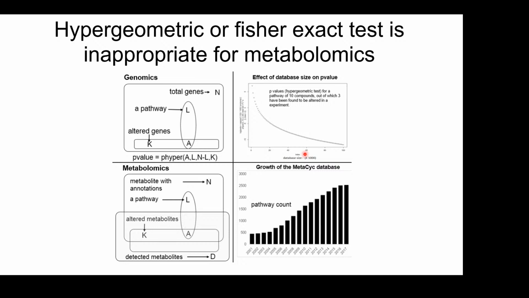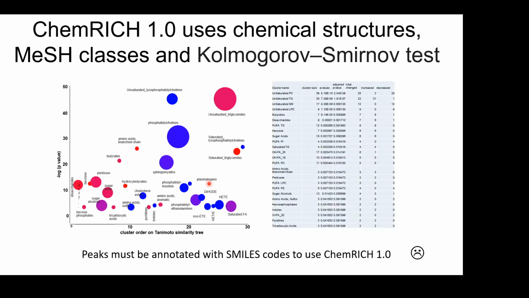Even within the lab, an analysis done one year ago and an analysis done today will have a different set of chemicals, because the libraries were improved, because the methods were improved. So any statistical method for set analysis that depends on this N, a background database, is inappropriate, and it's using wrong assumptions.